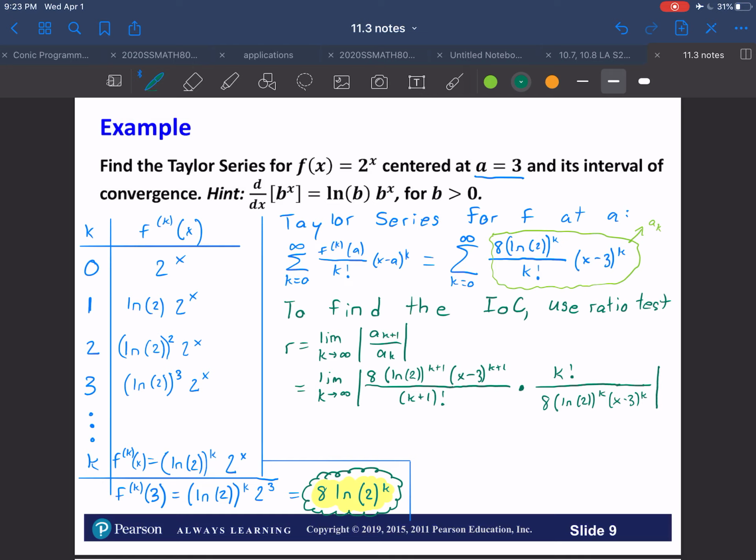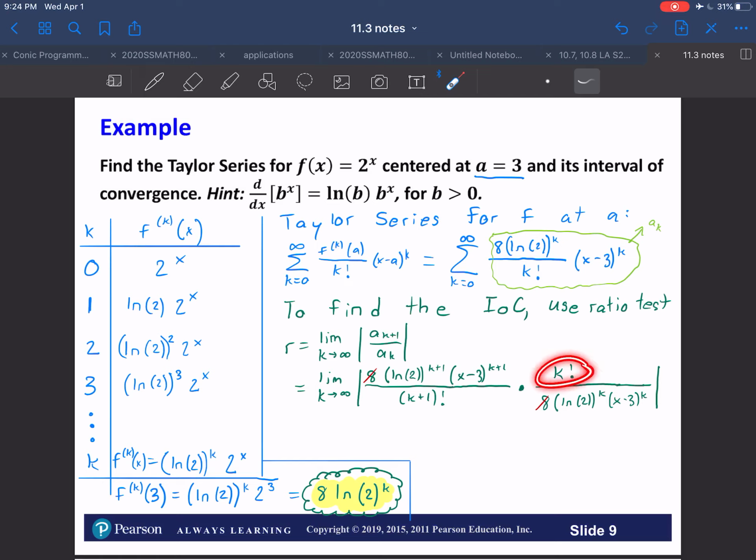Alright, this simplifies considerably. Notice first that these 8's will cancel. And then we have a natural log of 2 to the k plus 1 and a natural log of 2 to the k. That will just leave us a natural log of 2 on top. Also we have x minus 3 to the k plus 1 and x minus 3 to the k, so that just leaves us x minus 3 on top.